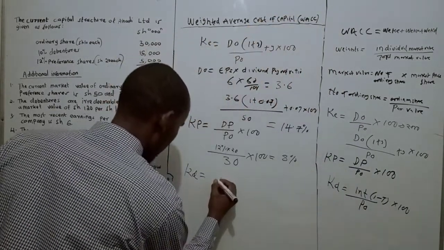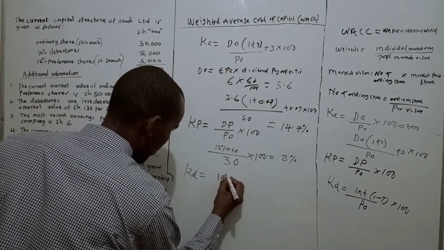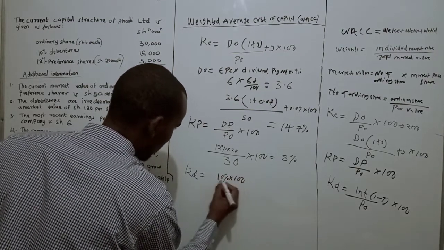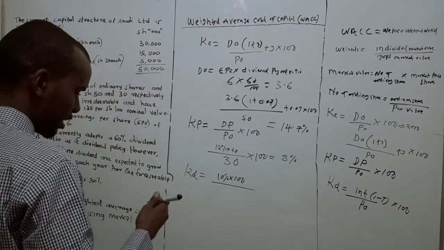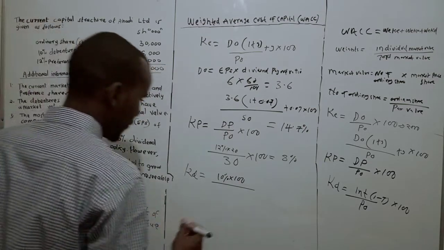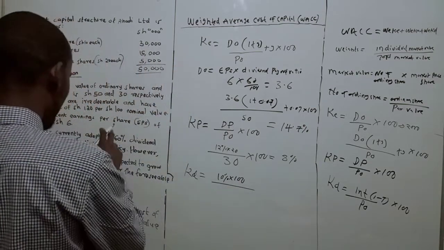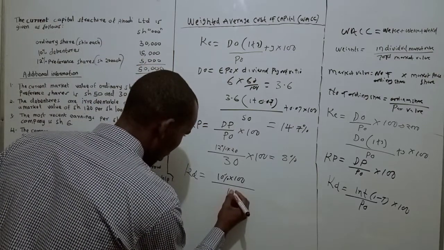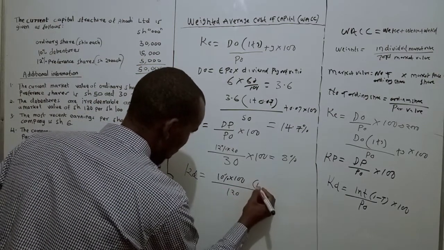So the 10% of 100 is going to be the interest. Then we divide by 120, the market value per debenture, then multiply by 1 minus the tax rate.